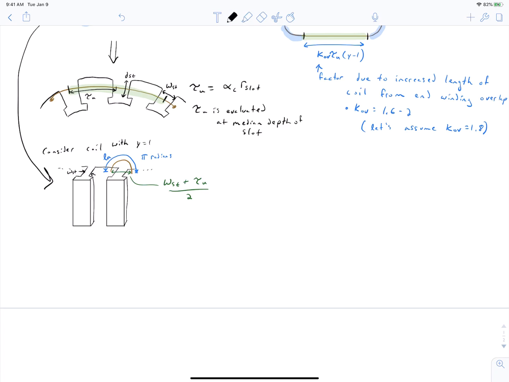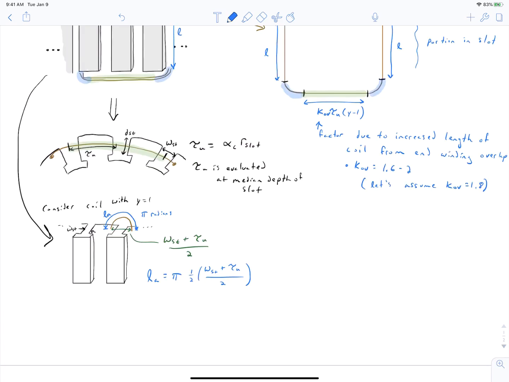If we make this modeling choice that this diameter right here is going to be the average of WST and tau u, now we can calculate the length LA. The linear length is going to be the angle times radius, where the angle is pi and the radius is this divided by 2.